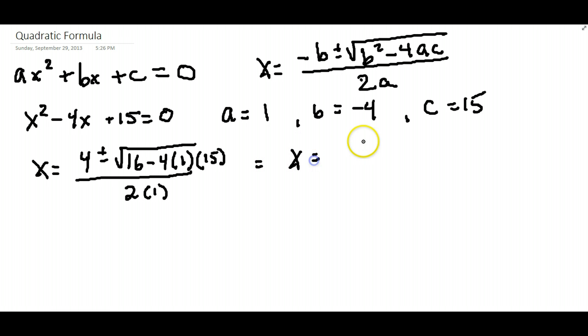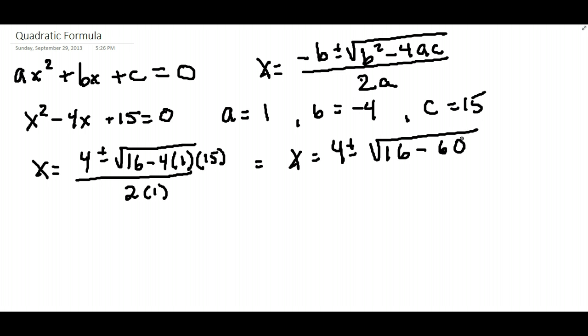So what does that look like? x equals 4 plus or minus the square root of 16 minus 60, because negative 4 times 1 times 15 is negative 60.